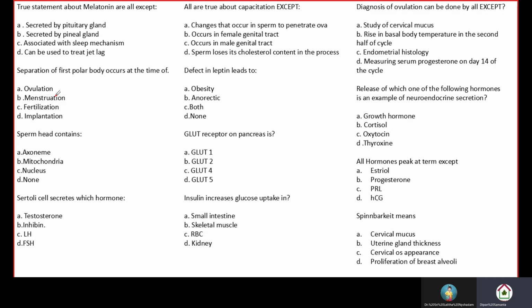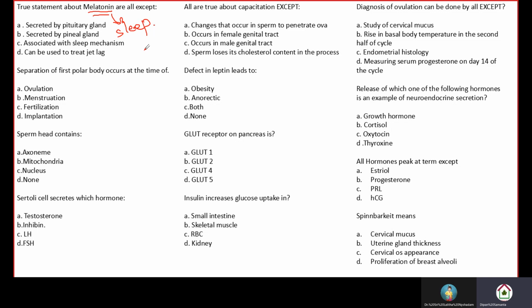And melatonin is associated with sleep mechanism, and it acts as inhibitor of gonadotropic hormone secretion, and gonads become inhibited and even partly involuted.